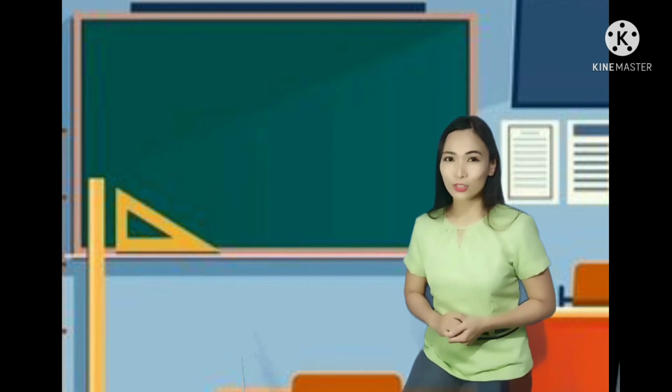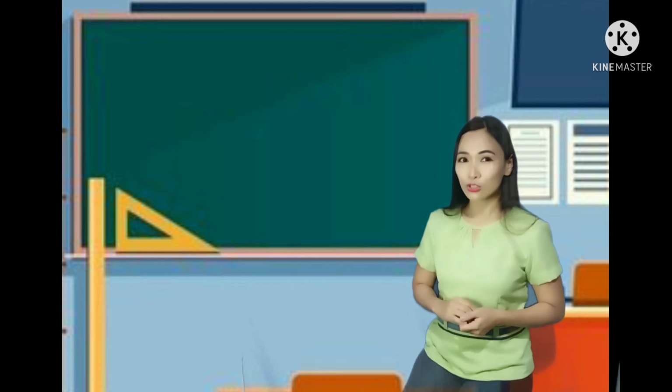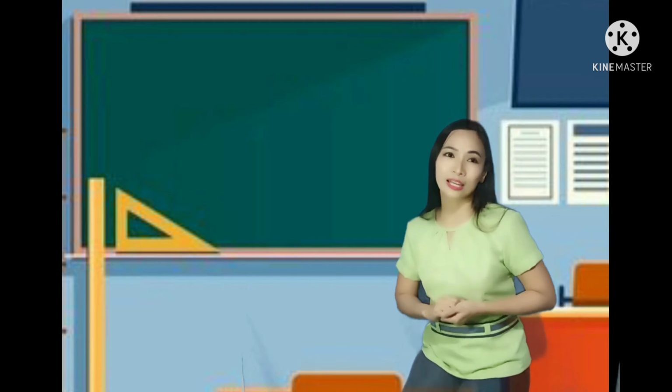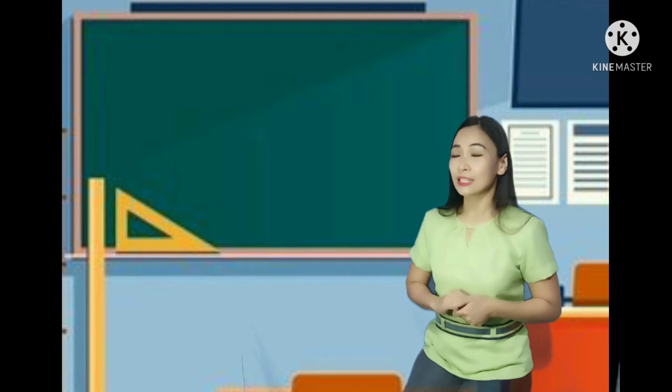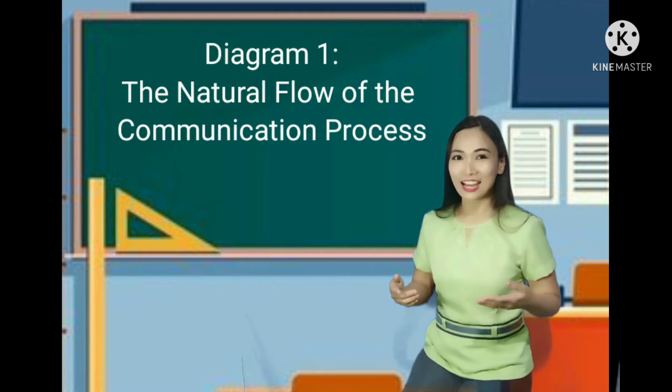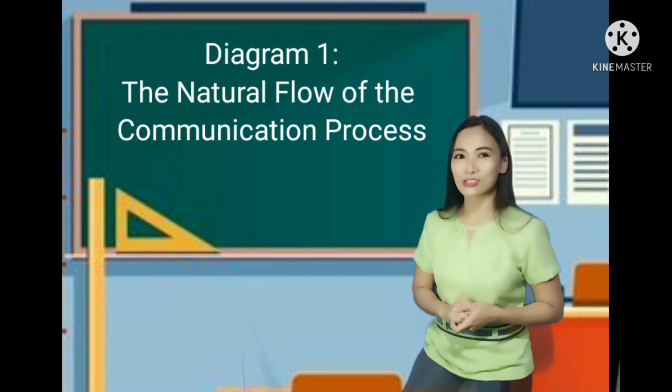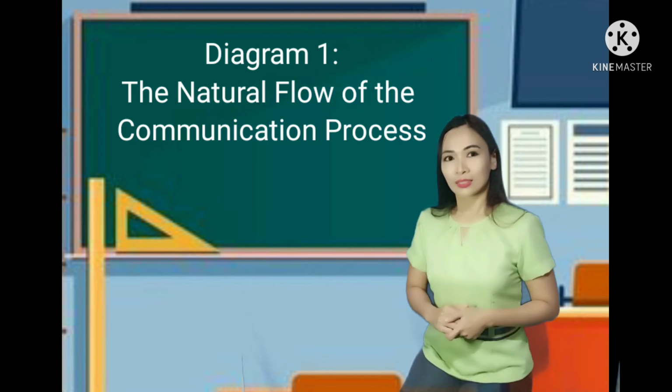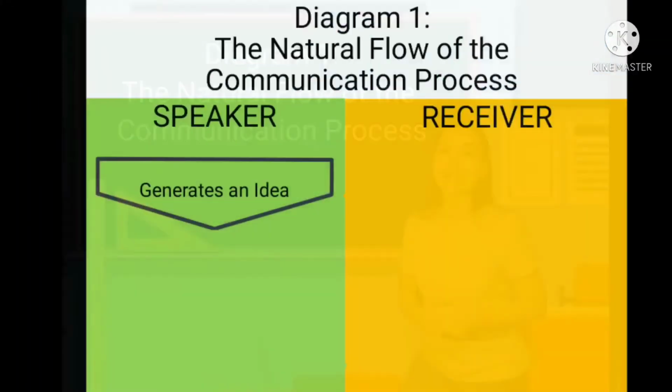This time, let's take a closer look at the illustration on how the communication process takes place in any given situation. Here is diagram 1, the natural flow of the communication process. The speaker generates an idea.